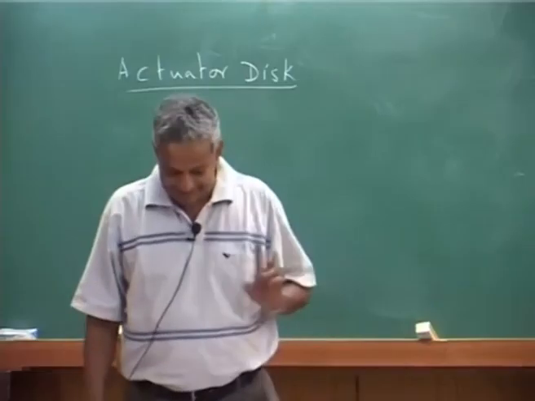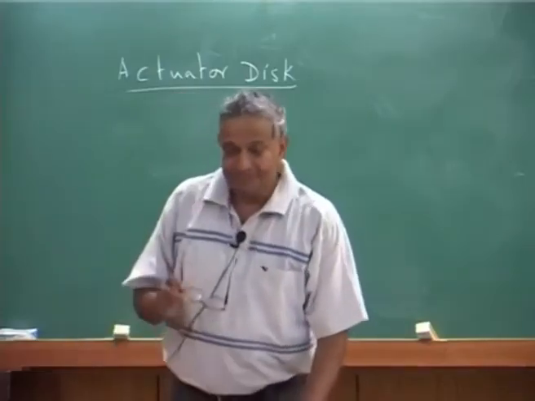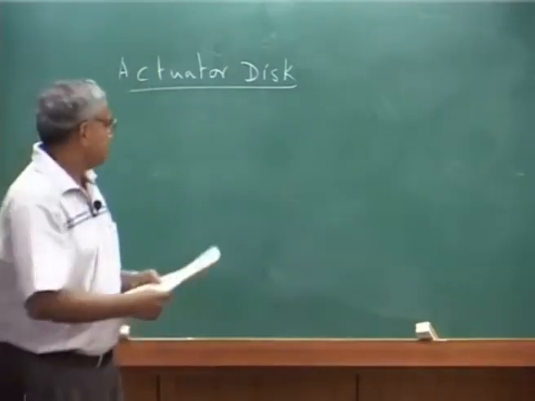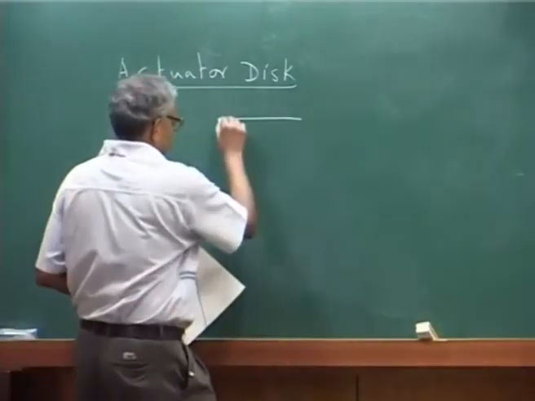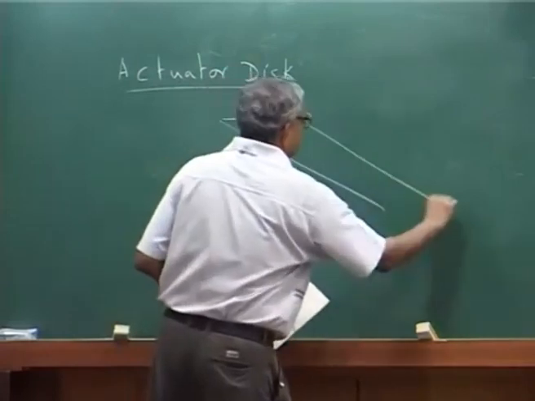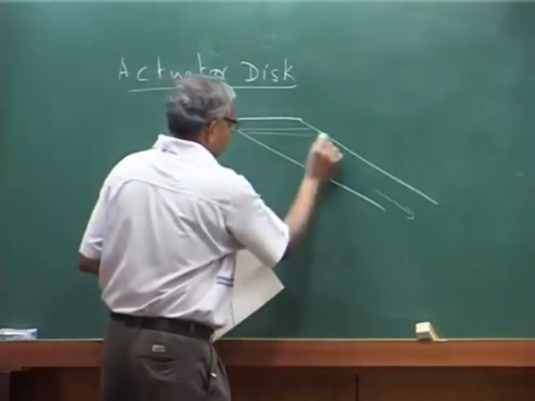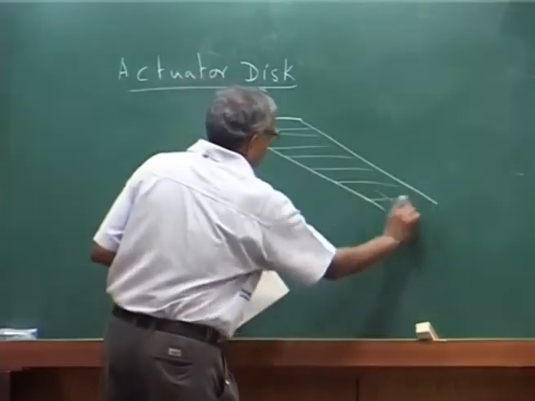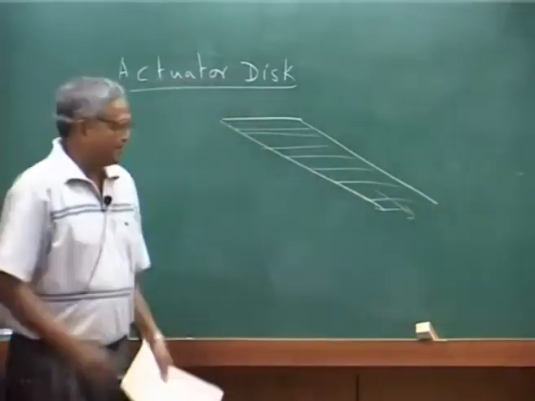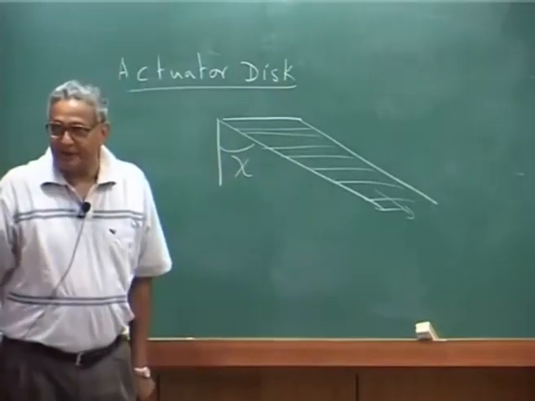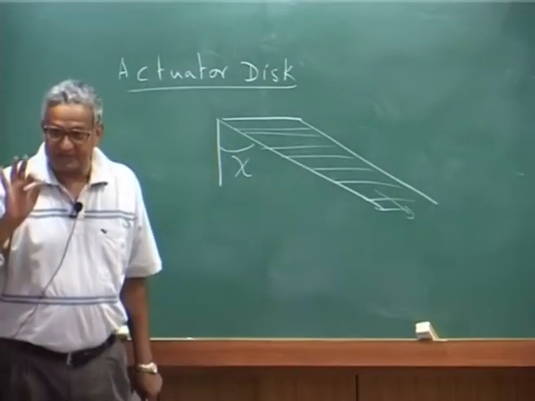Do not use that here. So, you assume the wake is a cylinder, that is all. Using this kind of assumption, you find out this is the wake structure.